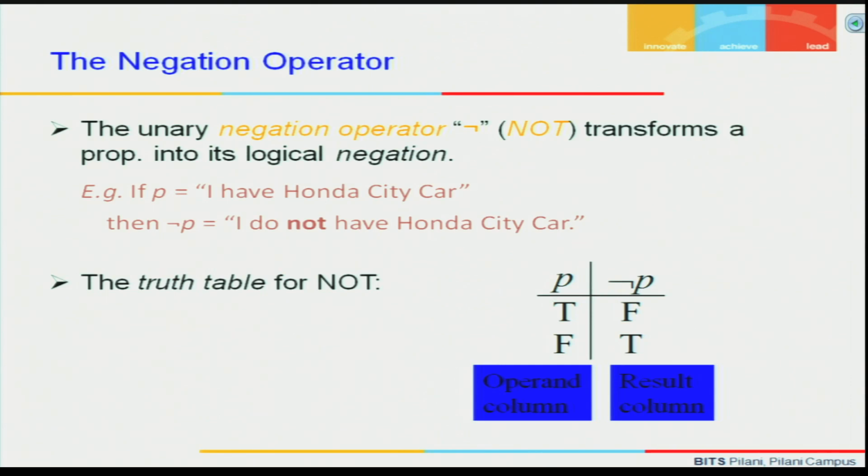And one way to better understand it is how the operator is defined. Whenever the actual proposition P takes true as its value, then the negation operator is defined such that the negation of P will take false as its value.